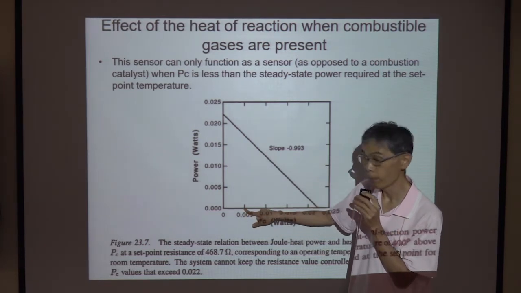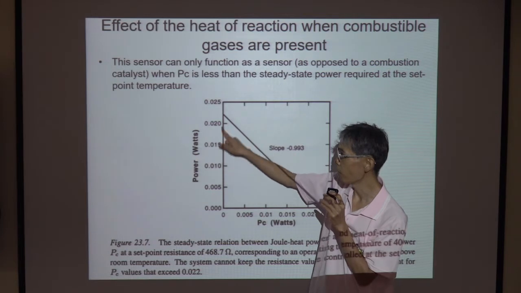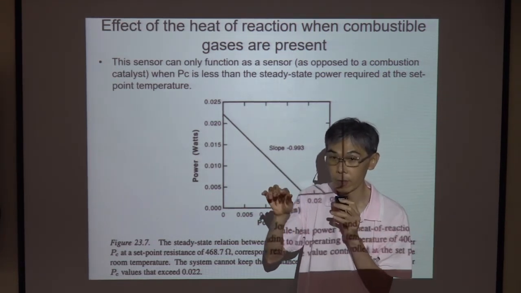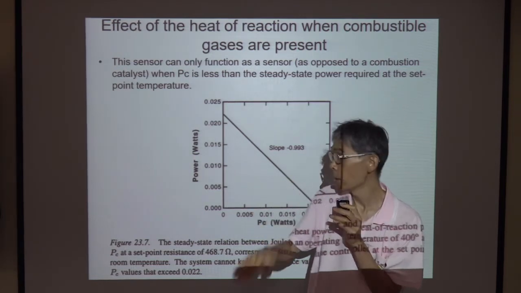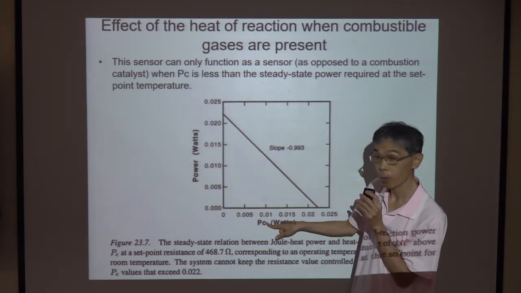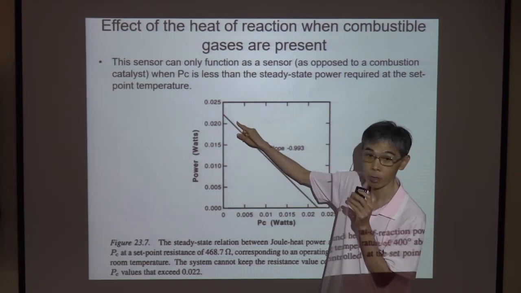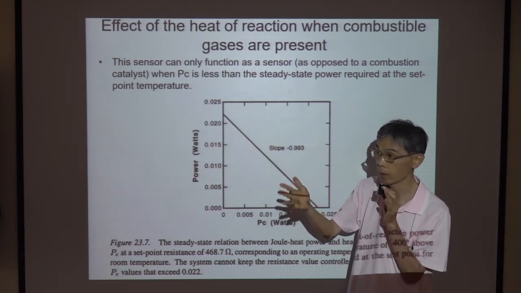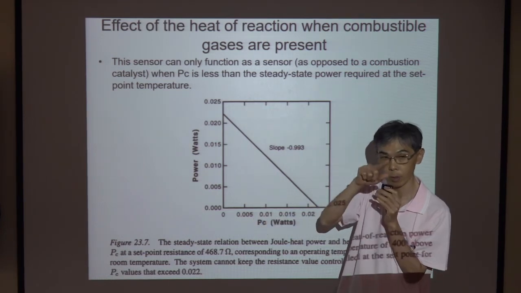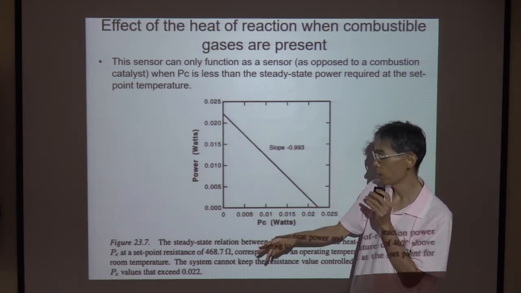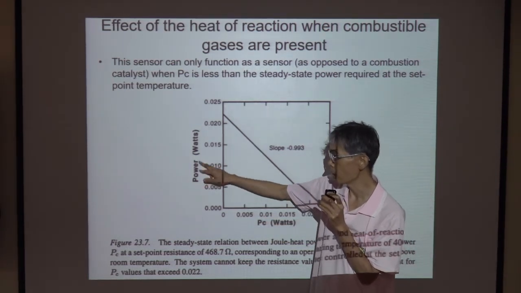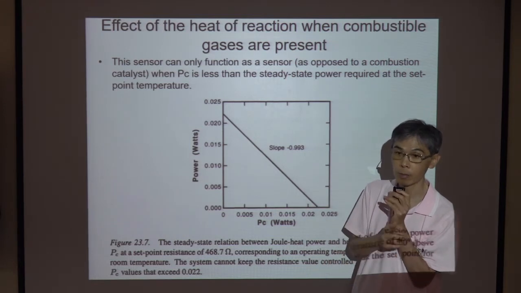If your chemical reaction power increases, then your power from your circuit should decrease in order to keep your polysilicon sensor at the same temperature. If you don't change your power input, then the chemical reaction power will increase the temperature of your sensor, your resistor. So in order to keep your resistor at the same temperature, if you have chemical reaction, then you need to decrease your power input to your circuit.